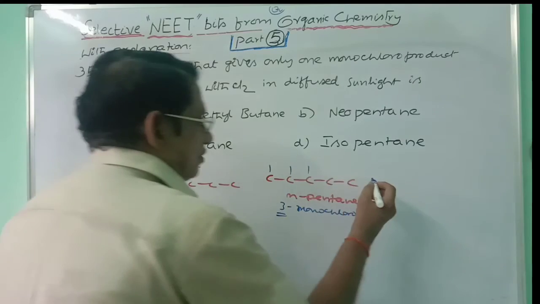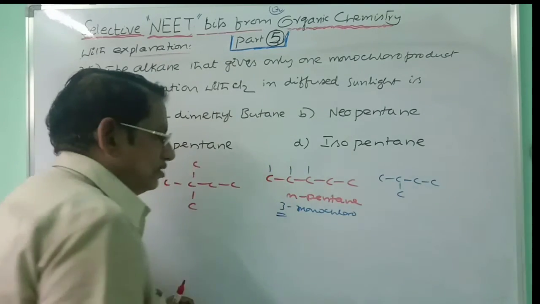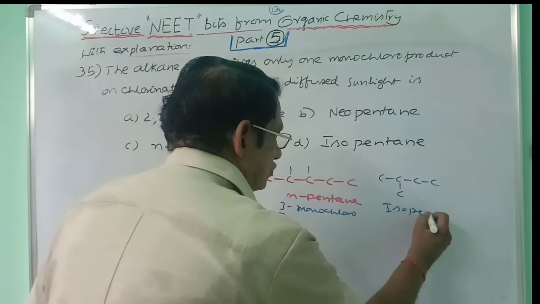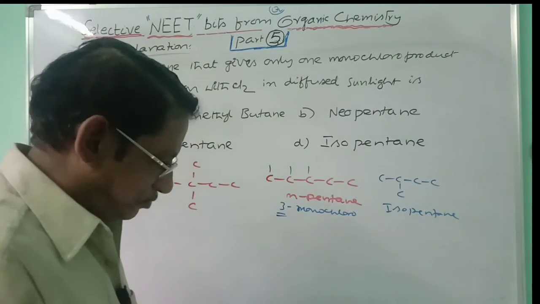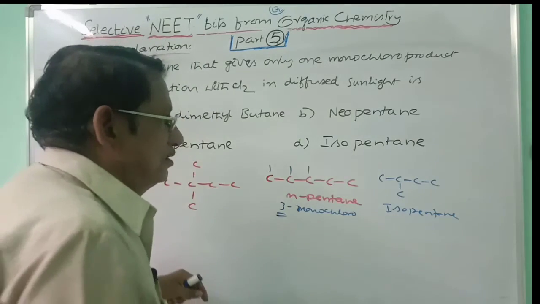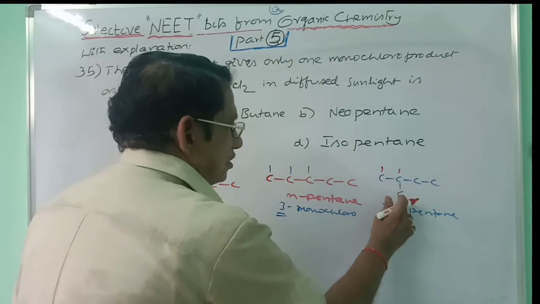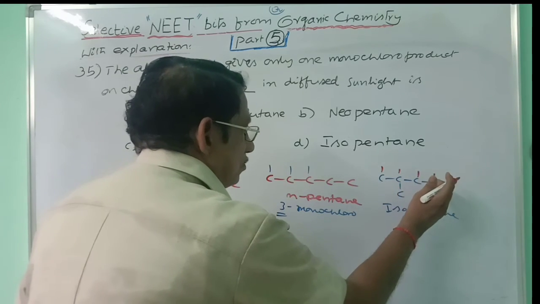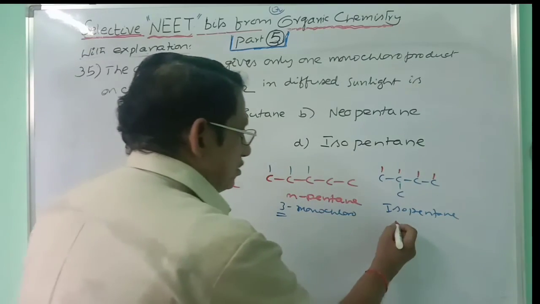And if you take isopentane, this is what you call isopentane. This is what you call skeleton structures. Hidden are hydrogen atoms. Tetravalency will be fulfilled by the hydrogens. And here if you take 1 chloro 2 methyl, 2 chloro 2 methyl, 3 chloro 2 methyl, 1 chloro 3 methyl, so 4 derivatives are obtained there.